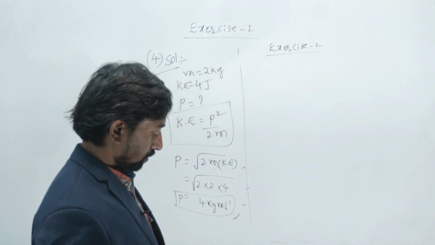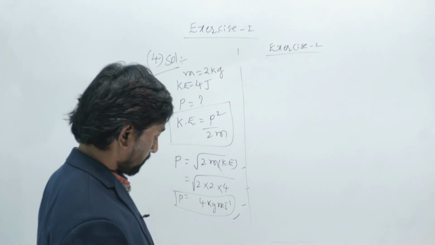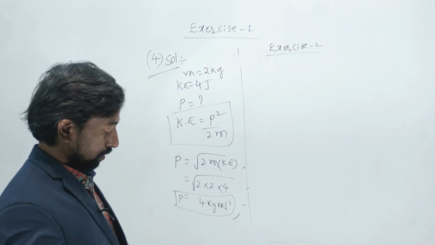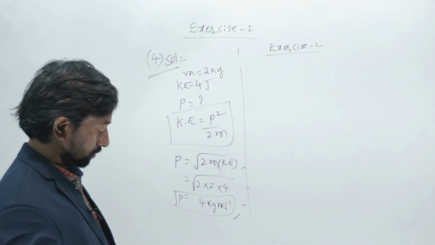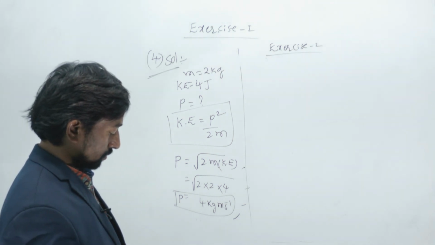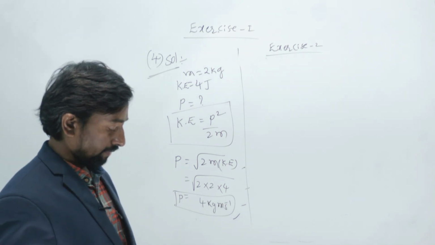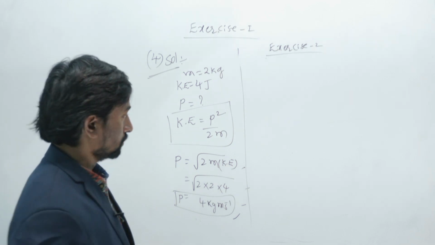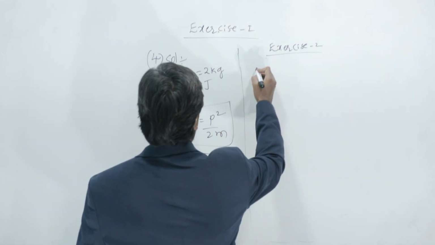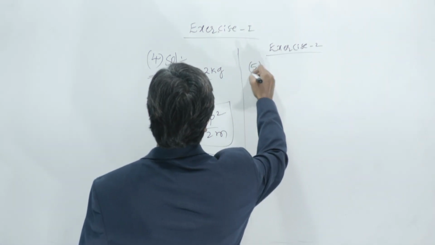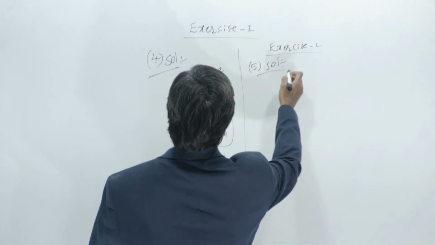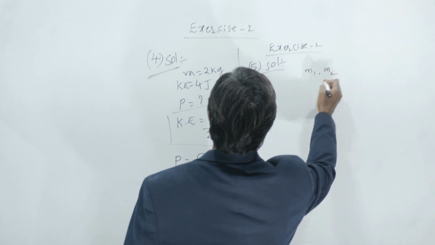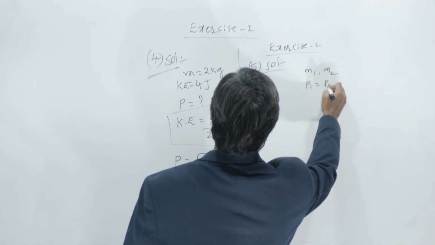Now, two bodies of masses m1 and m2 having equal momentum, their kinetic energies are in the ratio. This is the fifth solution. Masses m1 and m2, and p1 equals p2, that is equal to p.